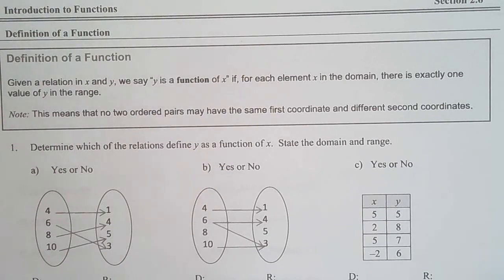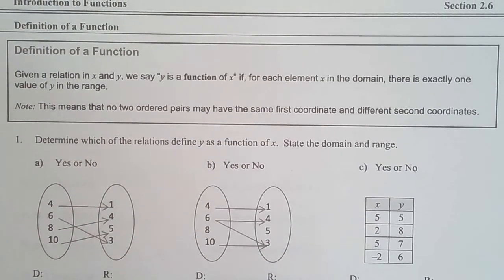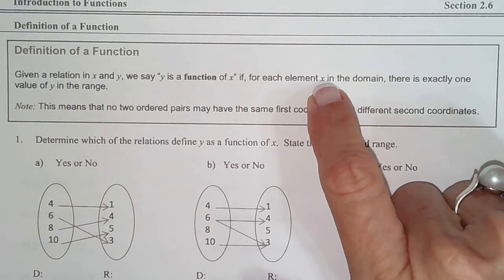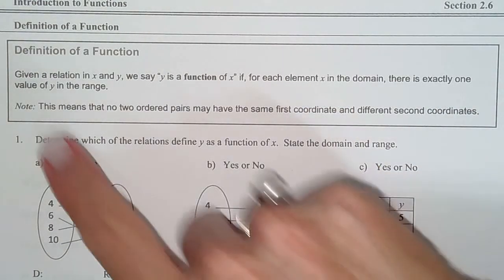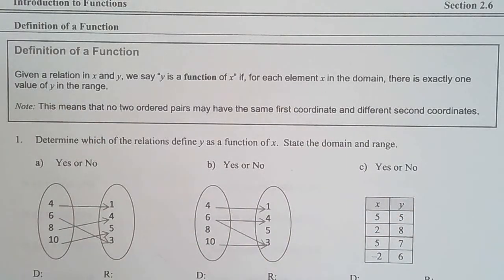So what is a function? We say that y is a function of x if each element in the domain is paired with exactly one element in the range. And remember, the domain is the x, the range are the y values. So each x value is paired with exactly one y value.